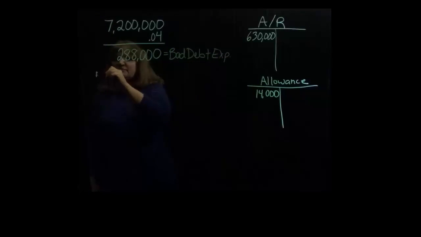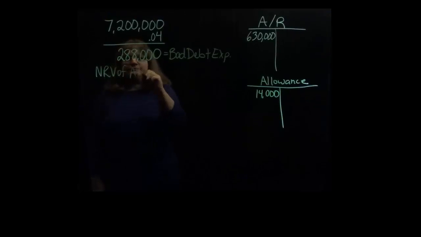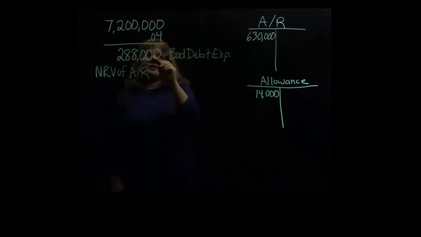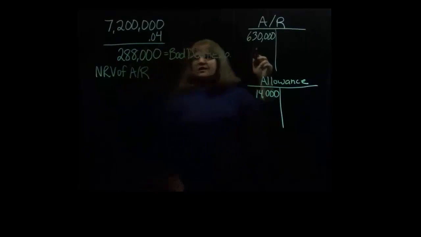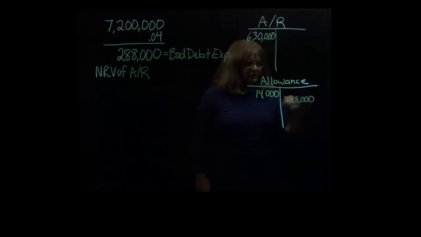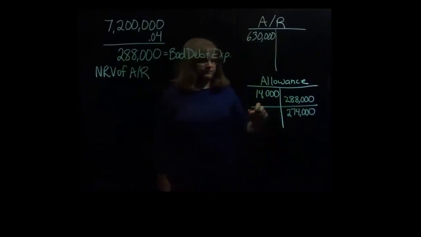And our net realizable value of accounts receivable, we would calculate that by posting this entry for bad debt expense to the allowance as a credit, which would give us a balance of $274,000.